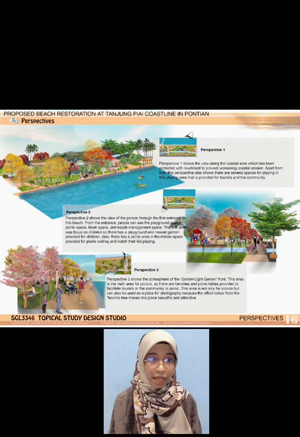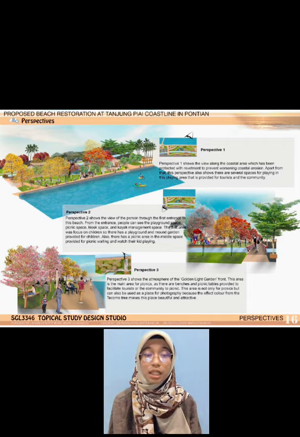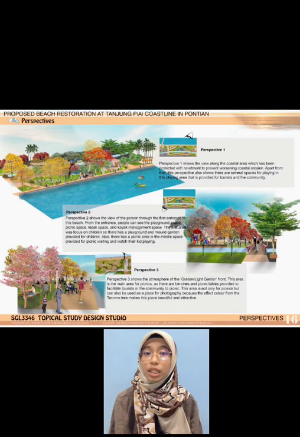Next is perspective. This is the eye view, which is a bird's-eye view perspective from the master plan. This perspective is taken from the master plan to show the view along the coastal area, which has been protected with a revetment to prevent worsening coastal erosion.